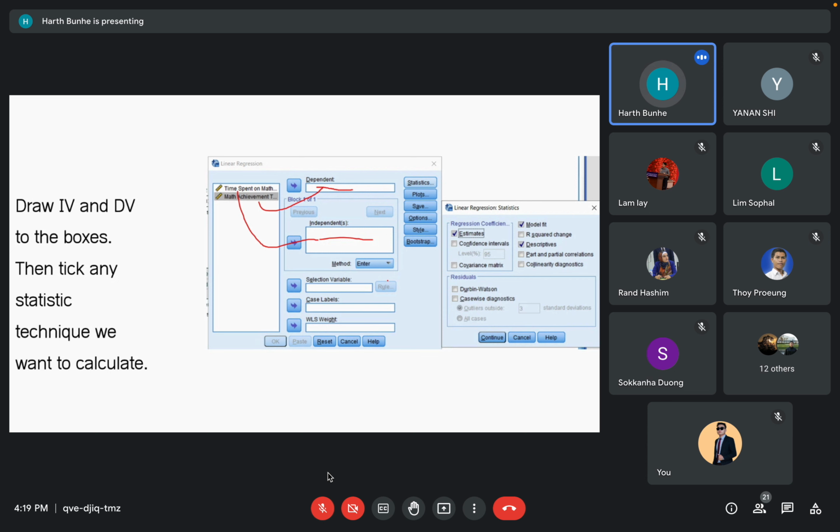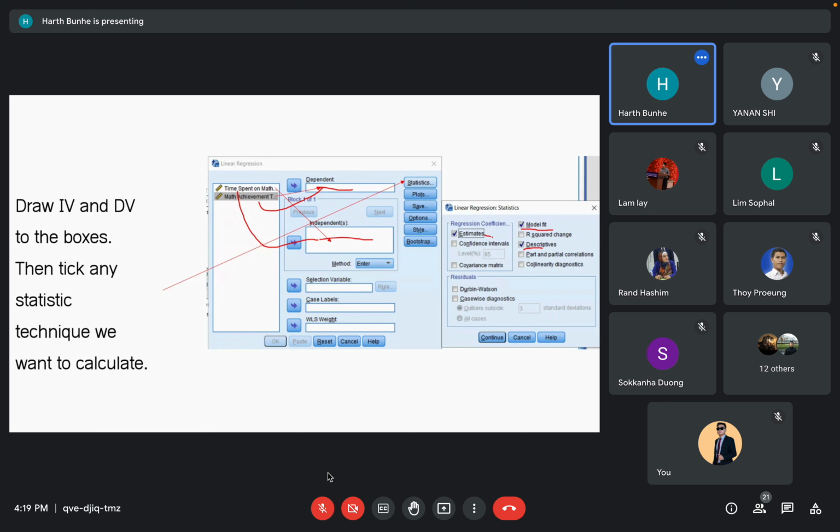Then you go to the Statistics button and this tab will come out. You can leave the default, not ticking any box, also fine, but if you want to tick, you can tick like this, also fine.